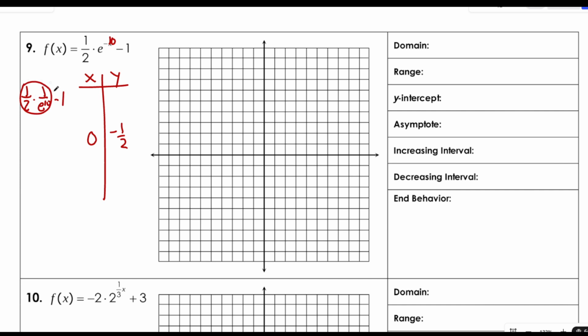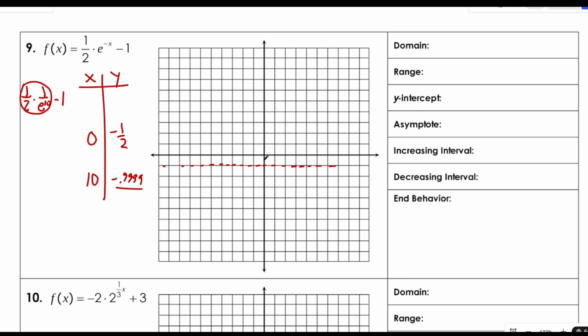It's so small that I almost could ignore it. So it's going to be like negative 0.9999. So I can see my asymptote's going to be negative 1, which makes sense because it's got a vertical shift down 1.